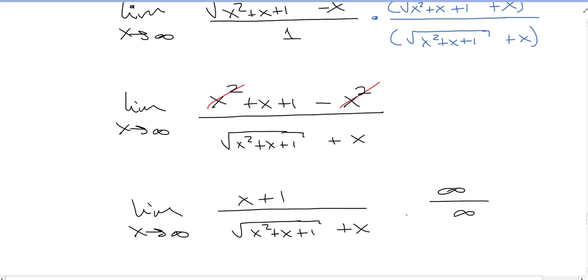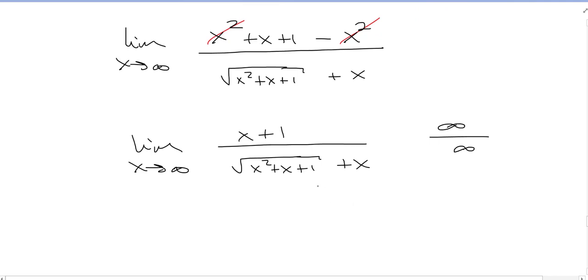And so this, I can't do anything with that. So here we're going to use our tools from the prior video. I'm going to identify the highest power that appears in the denominator. So x there, and notice here I have the square root of x squared. And just as we talked about in part 2 of this series, the square root of x squared is the absolute value of x.